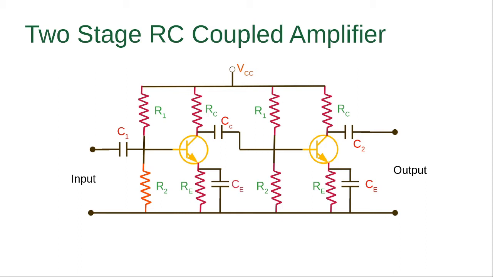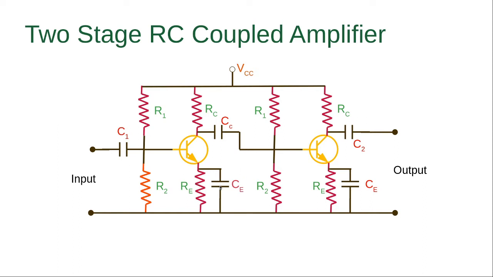Here, a voltage divider biasing arrangement consisting of a power supply VCC and resistances R1, R2, RC and RE has been used to set the Q point of each transistor.